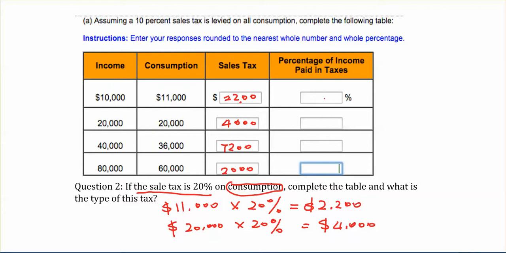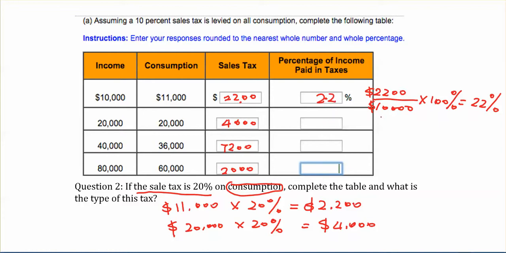To fill in this blank, you use 2,200 divided by $10,000, which is your income, and times 100%, and you can use your calculator and get the answer, which is 22%. So you can just write down 22%.